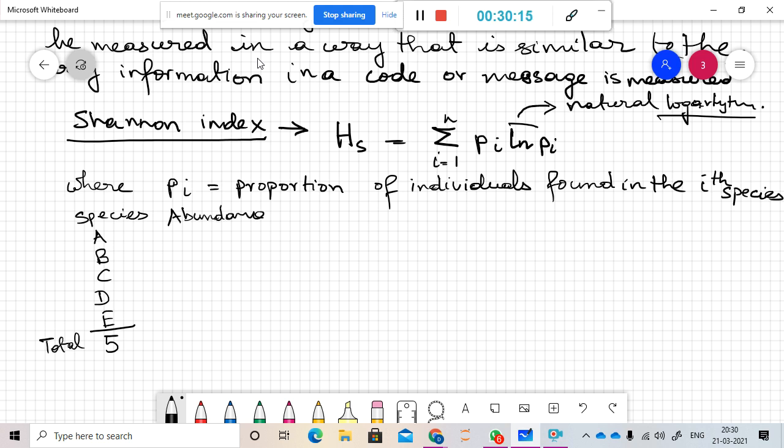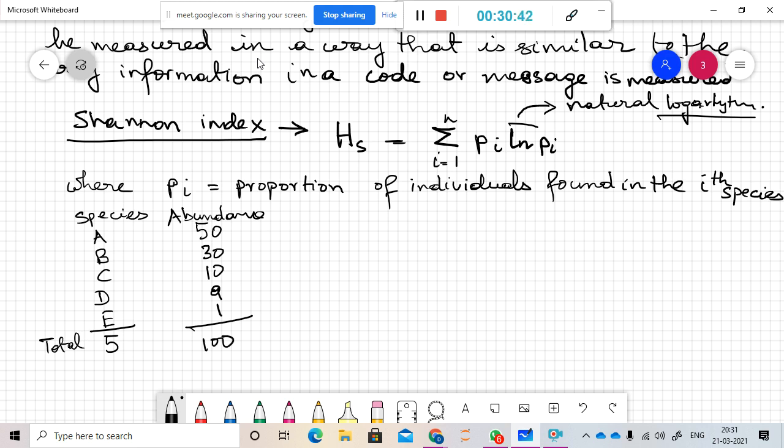It has been counted: 50 A, 30 B, 10 C, 9 D, and among E, what is it? 1. So the total is 100.